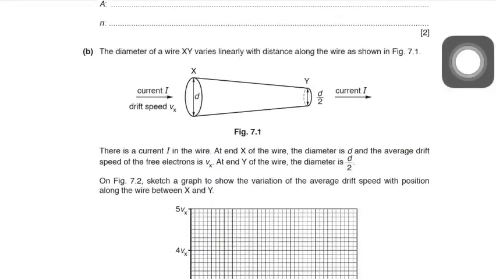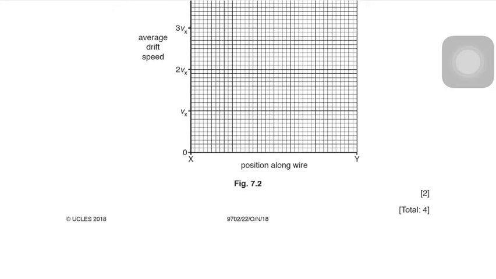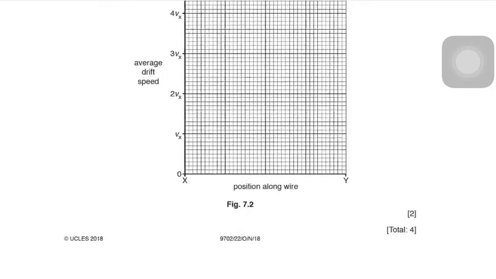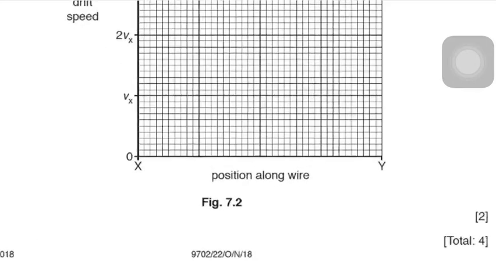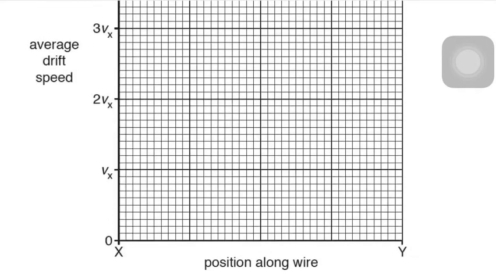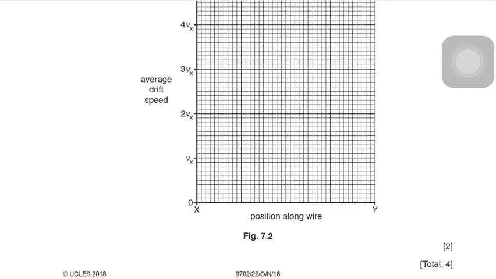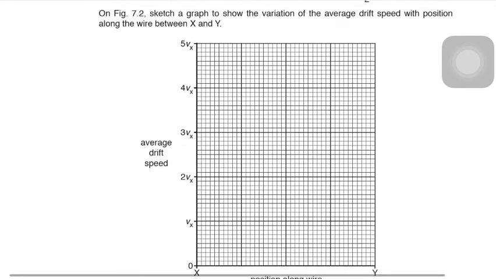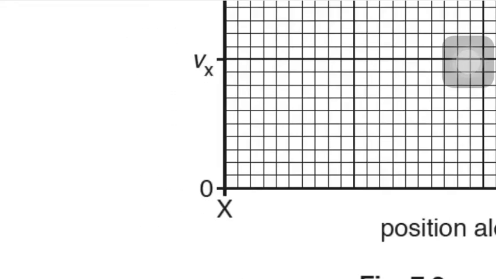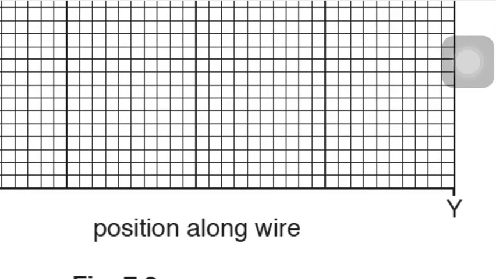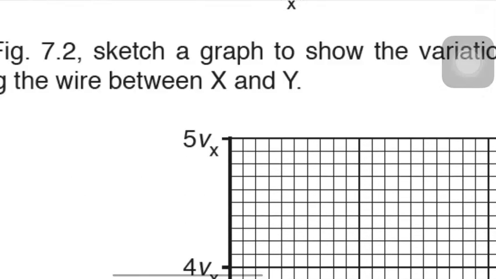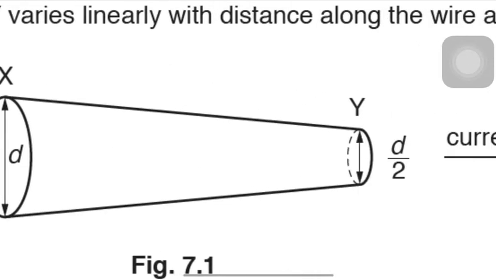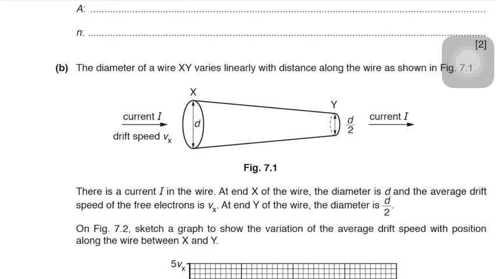We are not even drawing the graph between drift speed and diameter. We are drawing it between drift speed and position along the wire. Now the position along the wire corresponds to the opposite way in which diameter is changing. When the position along the wire is increasing, going from here to here, the diameter is decreasing. So it's quite a strange situation to conceive as a graph.